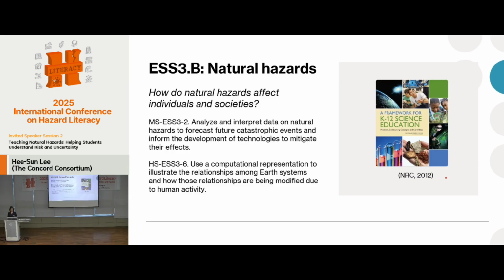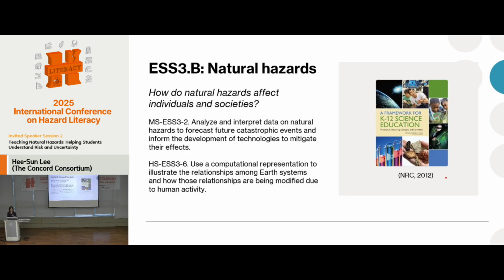But these hazards are also important, generally speaking, in the United States. A framework for K-12 science education actually contains this section under Earth and space science, natural hazards. The guiding question for that is, how do natural hazards affect individuals and societies?